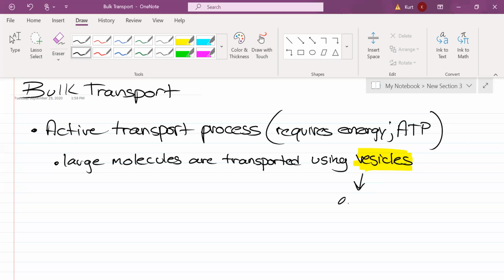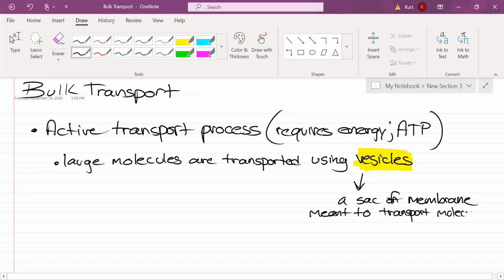A vesicle is a sac of membrane meant to transport molecules into, out of, or around a cell.